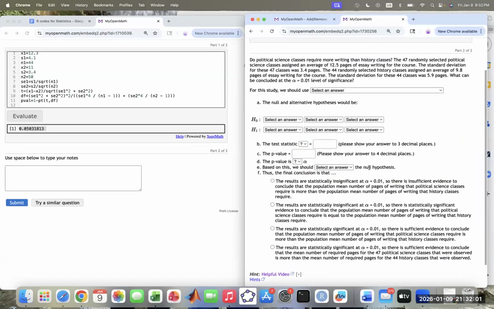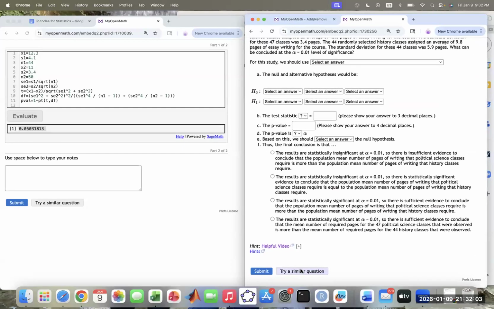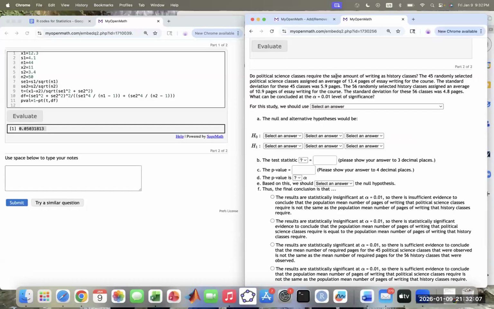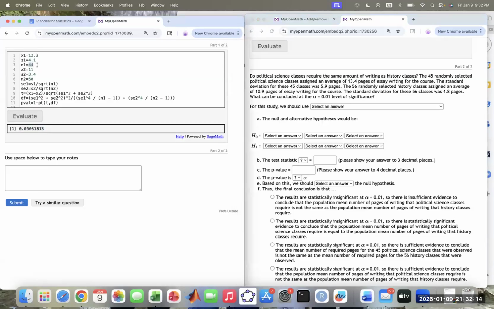So if I have over here, this is still more than, so I'm looking for this one right here. It will be the same, right? So that means the difference, right? So I'm going to enter the numbers here. I'm going to show you this again for you to see. This one would be 45, and then the sample mean would be 13.4.